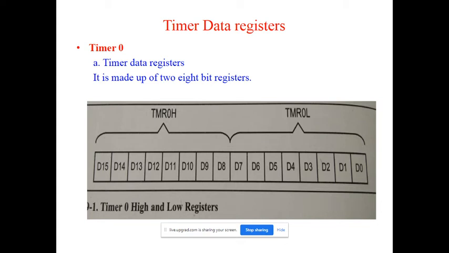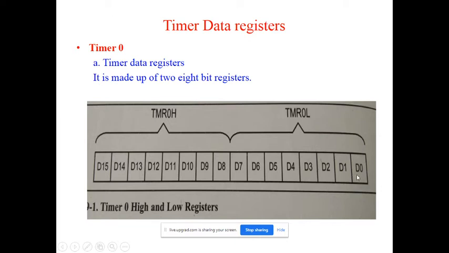Okay, now the first register is the data register. We know that our microcontroller, the 18F4520, is an 8-bit controller, and that's why all registers are 8-bit registers. Now this timer data register is a 16-bit register. It is split into two parts, timer 0 lower byte and timer 0 higher byte, because we can't access all 16 bits at a time, as our controller is 8-bit.